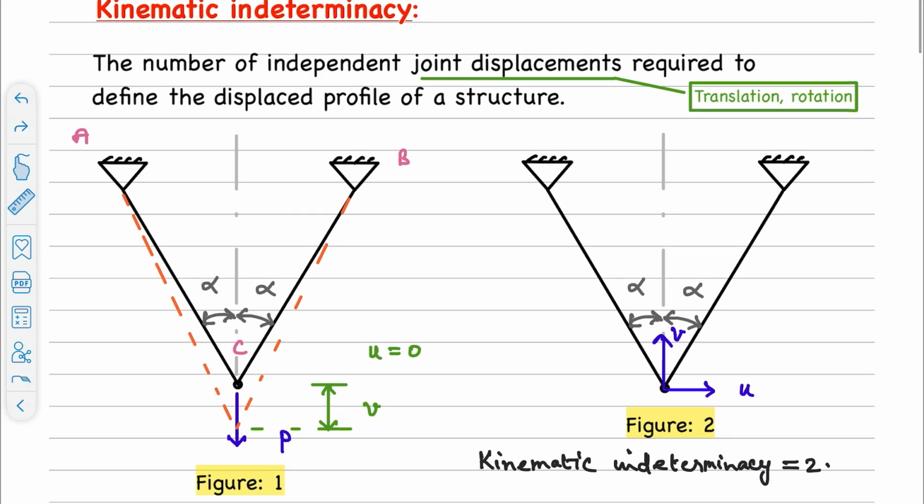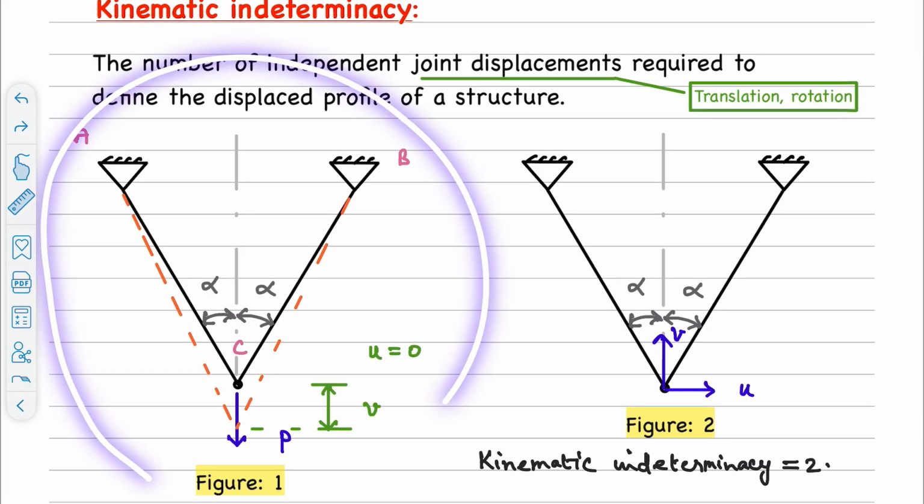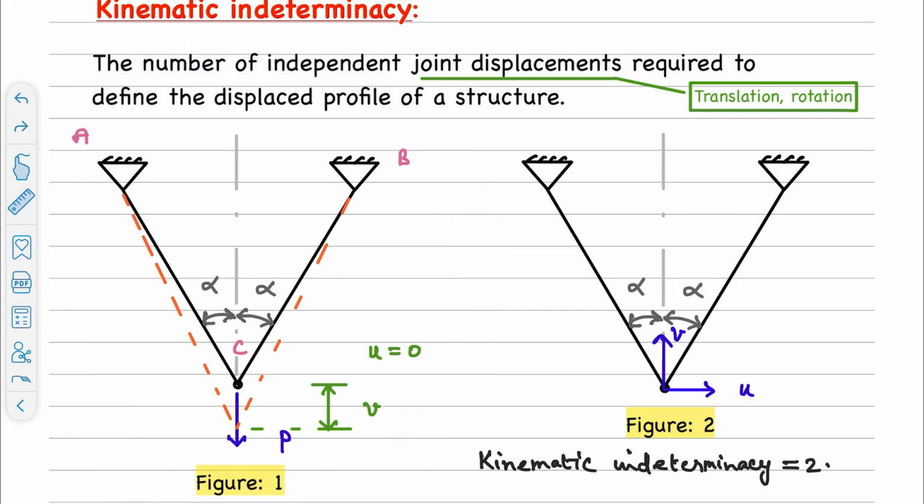For example, we have a simple truss given in this figure 1, where we have a symmetric configuration with respect to the load, geometry, and the supports. When we apply a load at this joint C, let's say the initial configuration is given by this black line, and then when we apply this load P, what is going to happen?